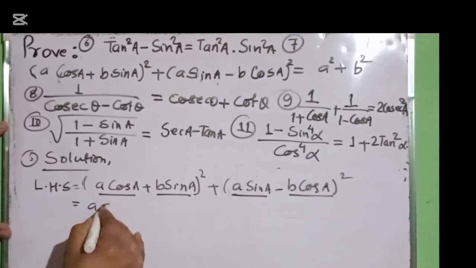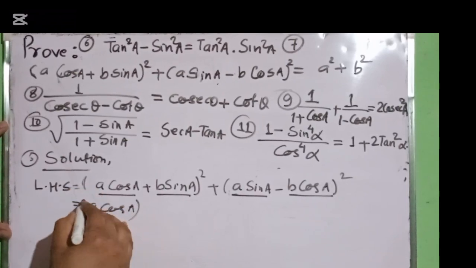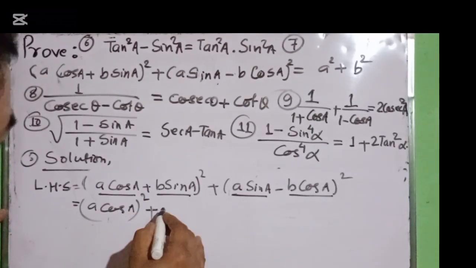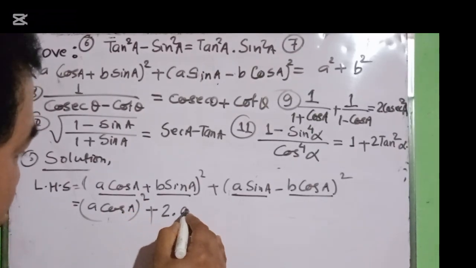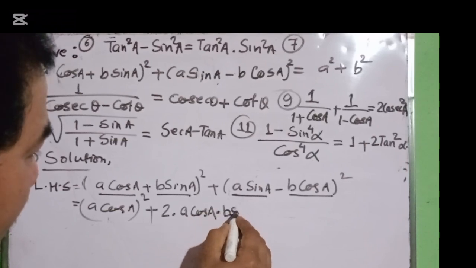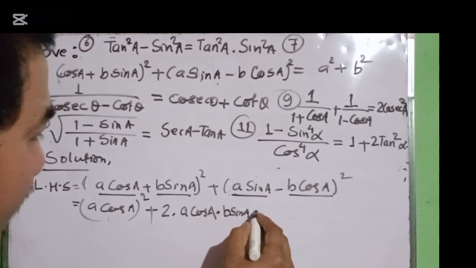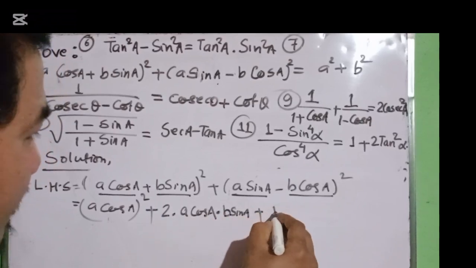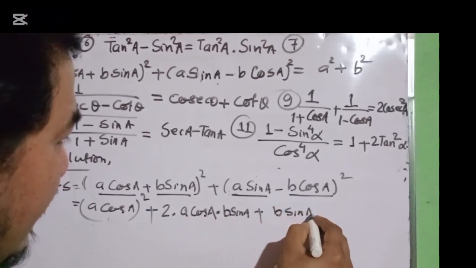That is a square plus 2ab, where a is cos a and b is b sin a, plus b square, meaning b sin a whole square.